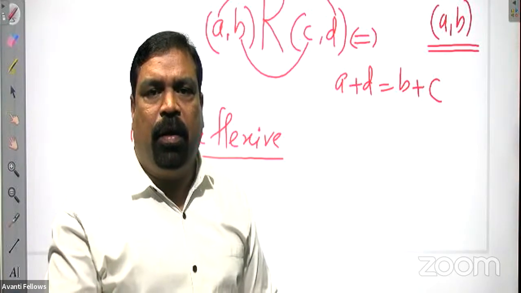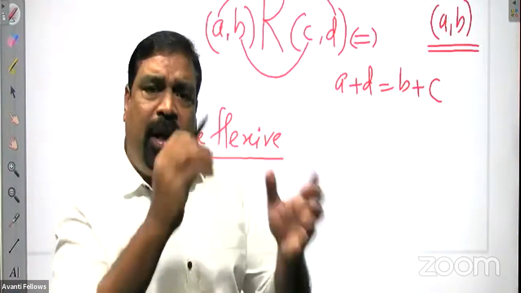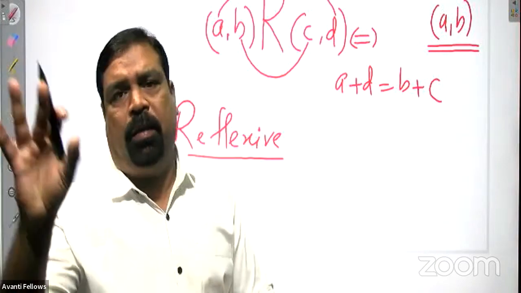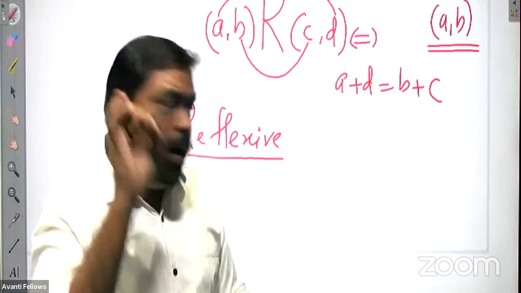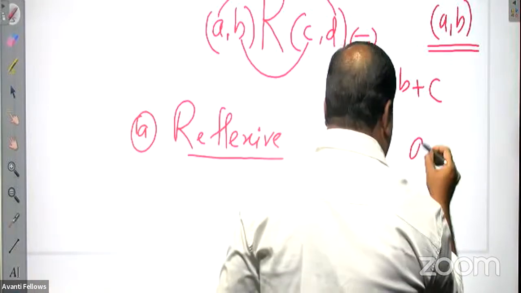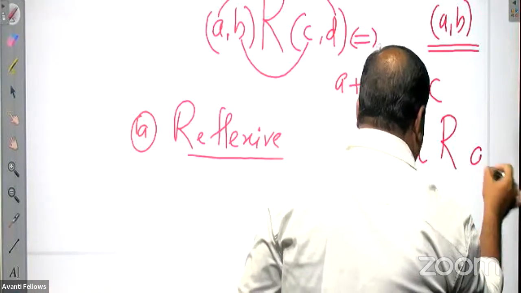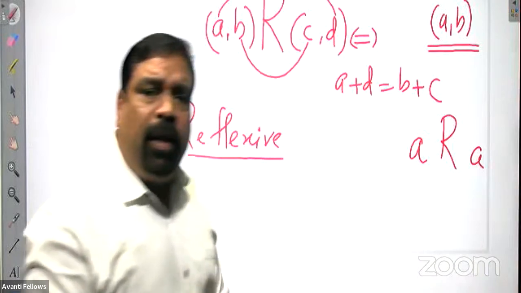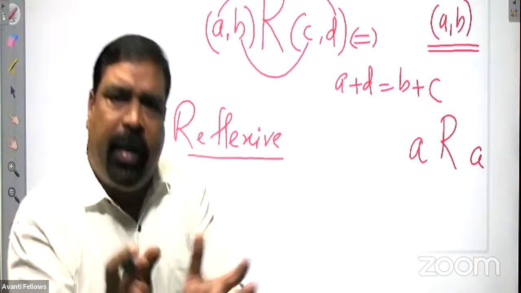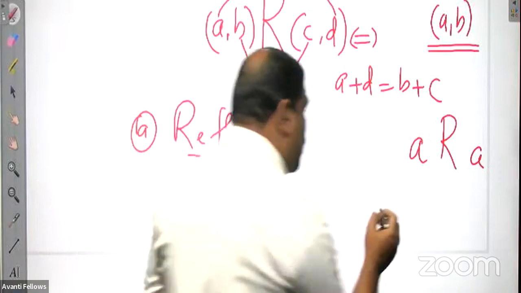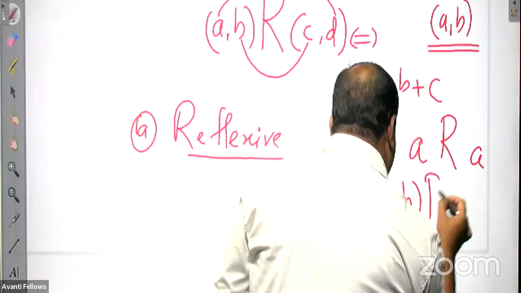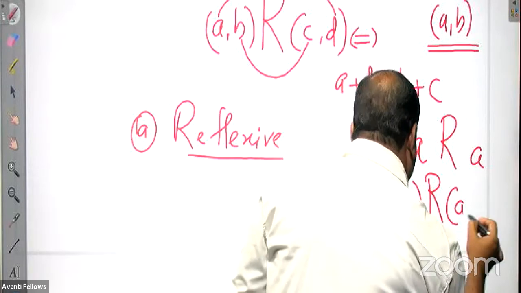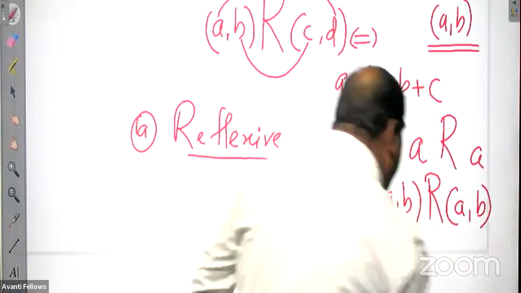In our definition, what we have studied, a is related to a. But here the element itself is an ordered pair, so every element is an ordered pair (a, b). So what we have to prove is that (a, b) is related to (a, b).